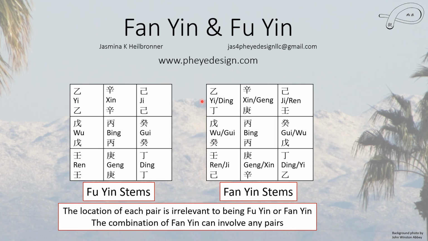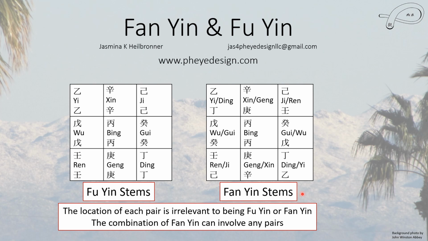So this is for the stems. This is the Fuyin condition where both of these are the same in every single sector. Now, they don't have to be in this order. This Yi could be anywhere, and the Wu could be anywhere. There doesn't have to be Bing in the center either. These could all be mixed up, but as long as they're the same on top and bottom, you have a Fuyin in the stems.